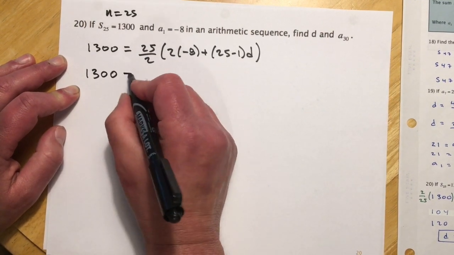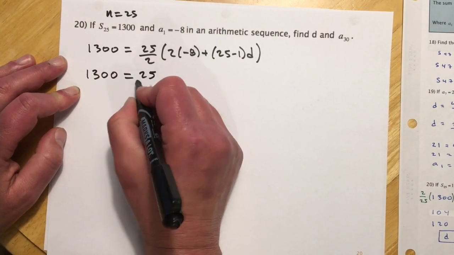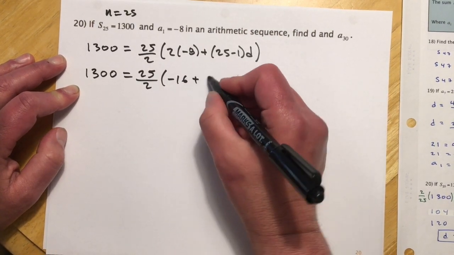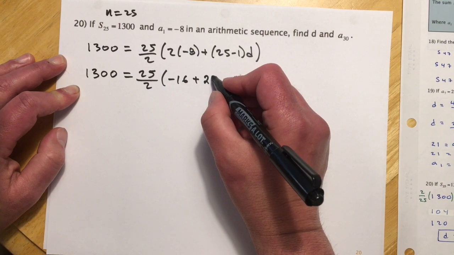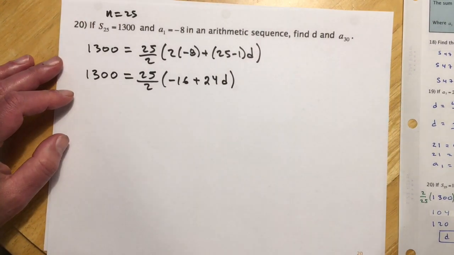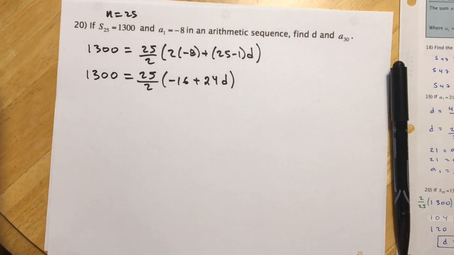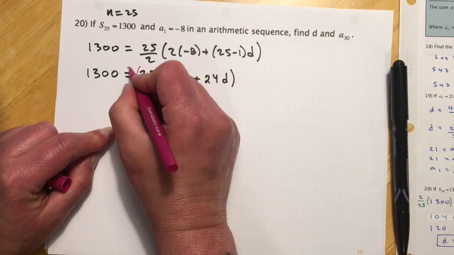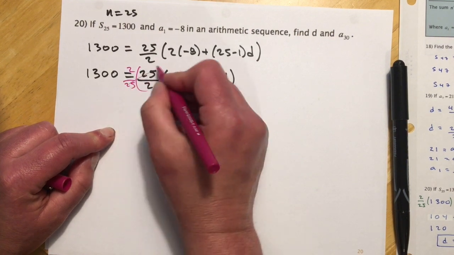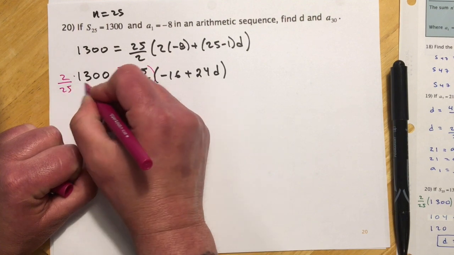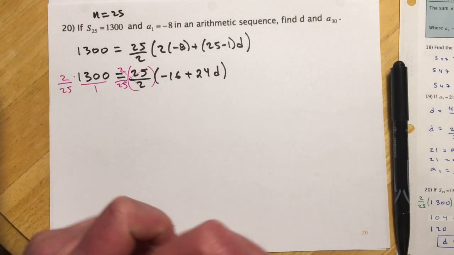So 1300, again, I'm just going to leave that fraction and see if I can clear it at the end. -16 plus 24D. I think I'll get rid of the fraction right here. So I'm just going to multiply both sides by 2 over 25. So those cancel. I can just do 2 over 25 right there, kind of think of that as over 1.